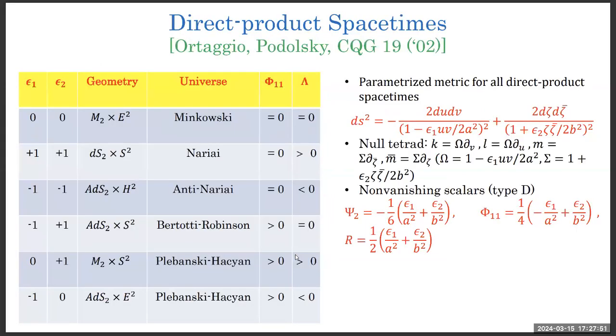Actually, this is a summary of the special space-time that is given by a product of two parts. One of them is a parameterized metric for all direct product spaces, a two-dimensional subspace and a two-dimensional subspace. Then the null tetrad formalism, then the Newman-Penrose scalars.